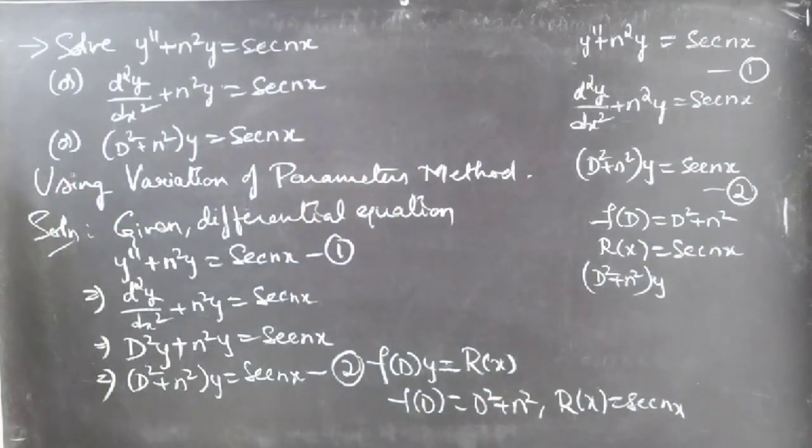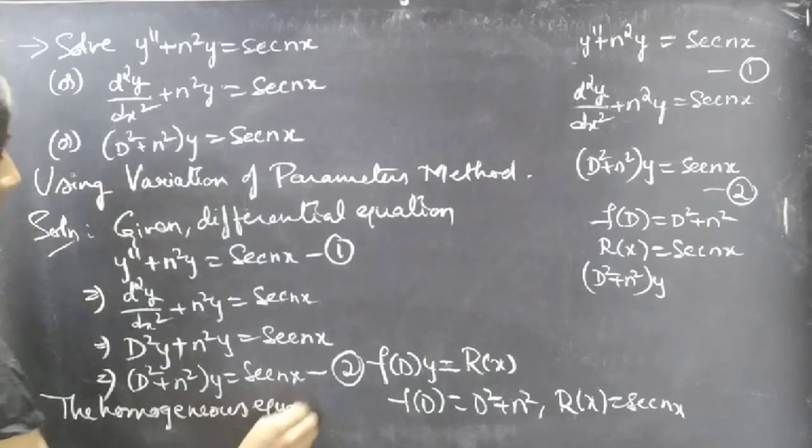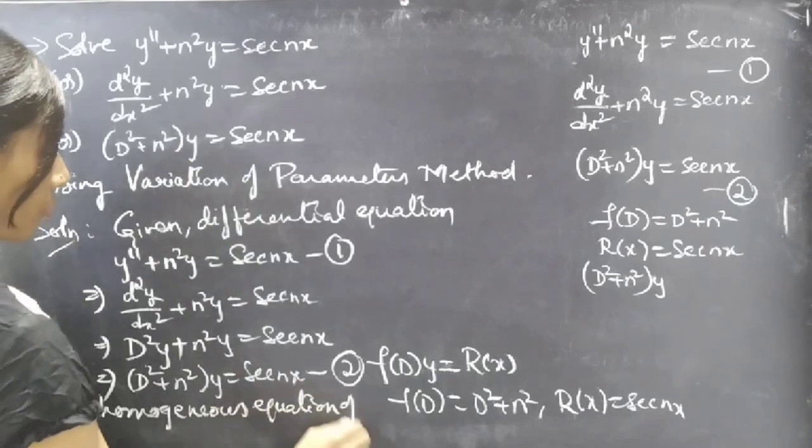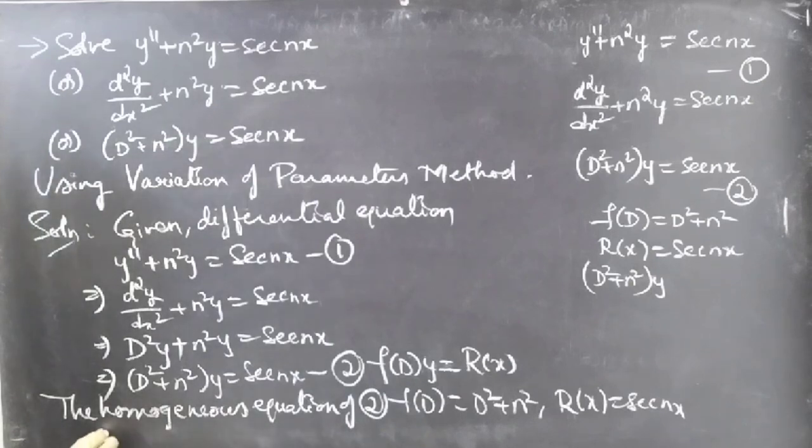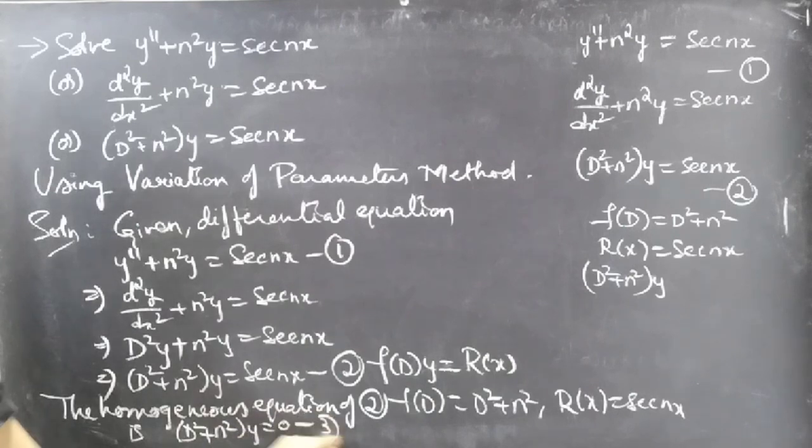Let's now write the homogeneous equation of equation 2. The homogeneous equation of 2 is d square plus n square into y equal to 0, considered as equation number 3.